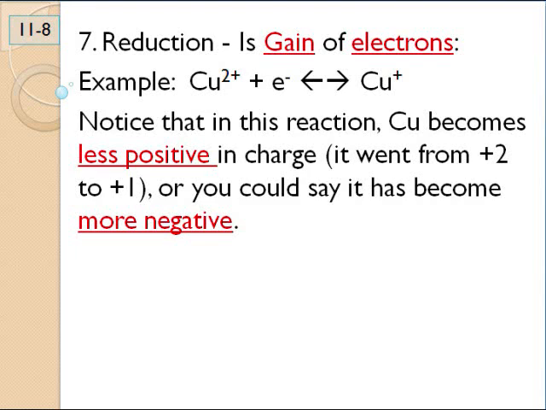Sodium is +1. I give him an electron, which is -1. Well, if you're +1 and I give you -1, what's your answer? You're nothing. You neutralize. So, did you become less than you were? Yes.